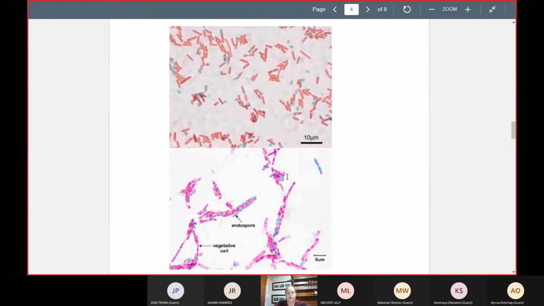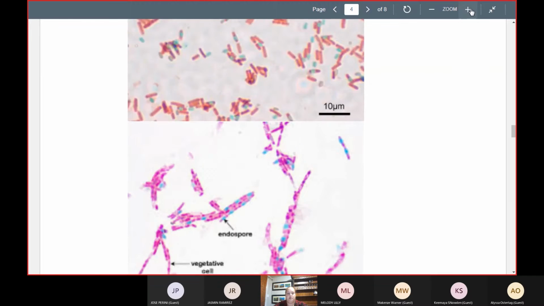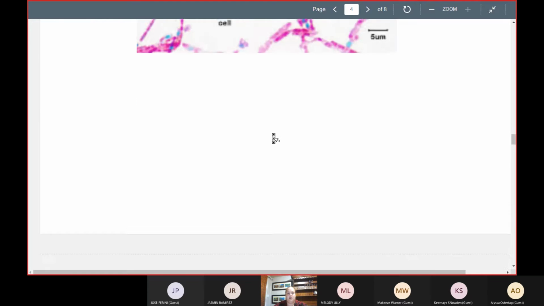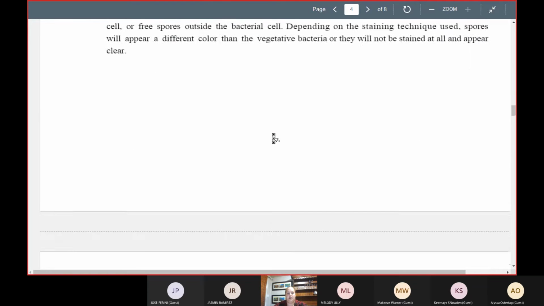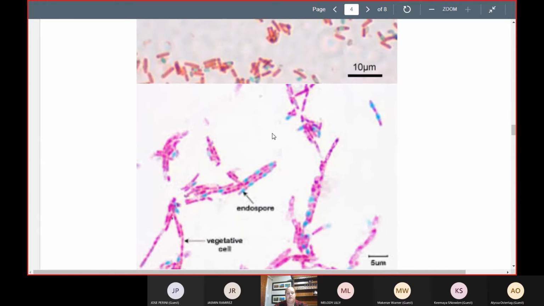So let's look at a couple of endospore slide pictures. And from these pictures, you could potentially have a question asking whether or not endospores are present. Endospores are going to look like little dots in the bacteria, or little dark areas.